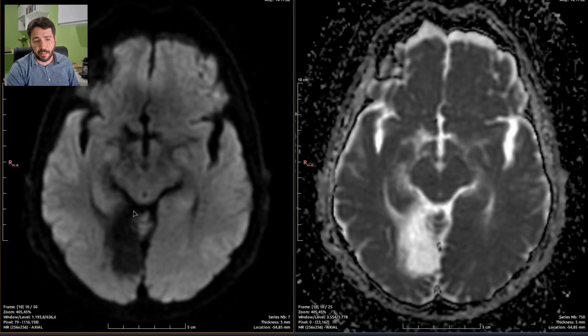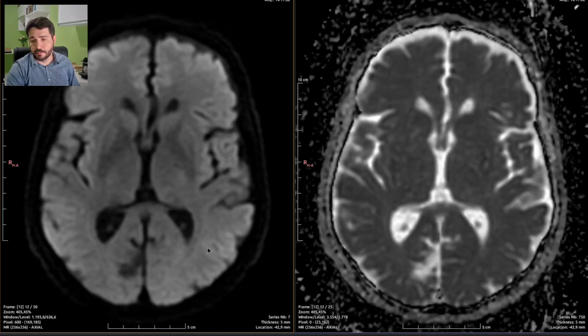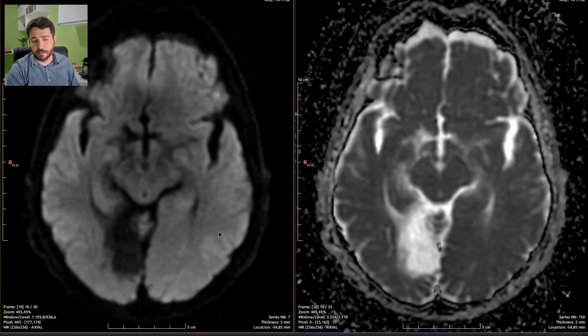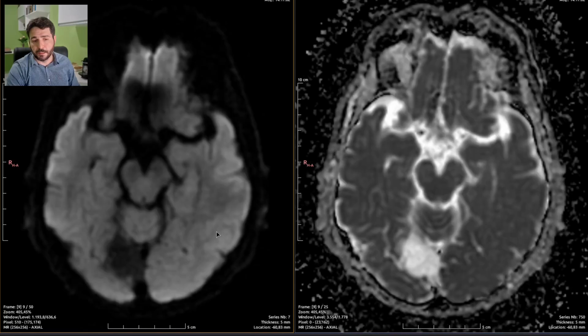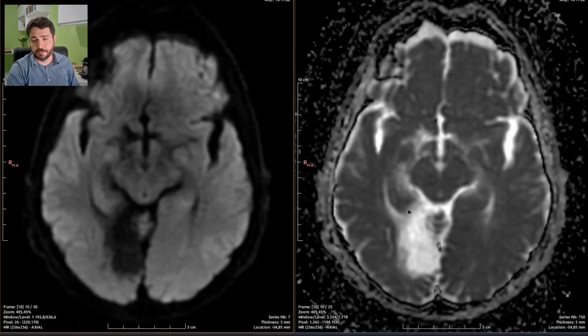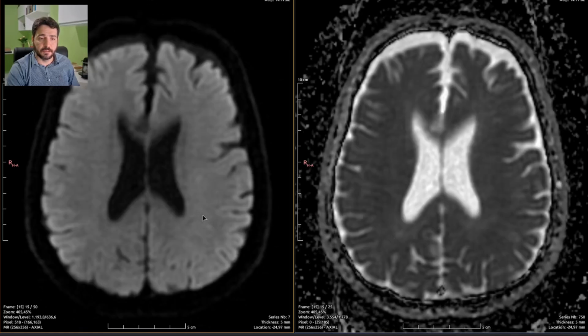So it's really a chronic stroke area. It's very dark in diffusion and very bright on the ADC.